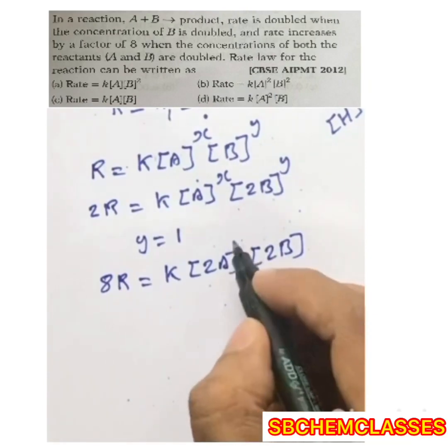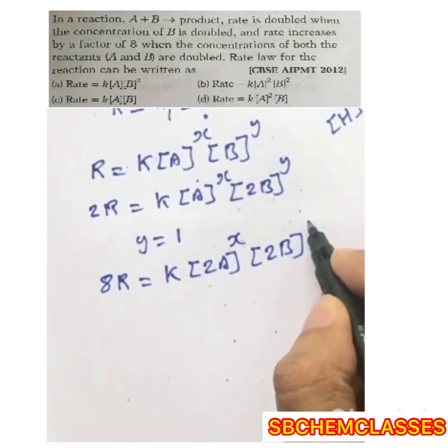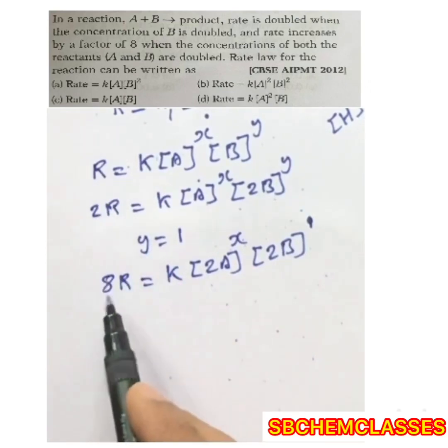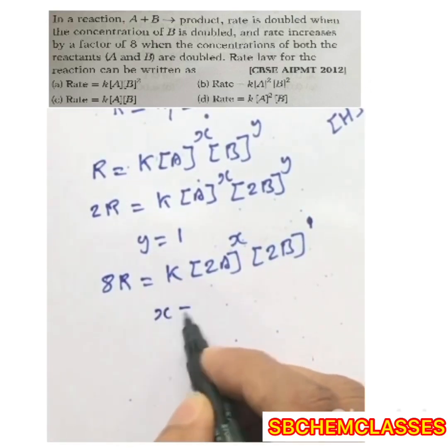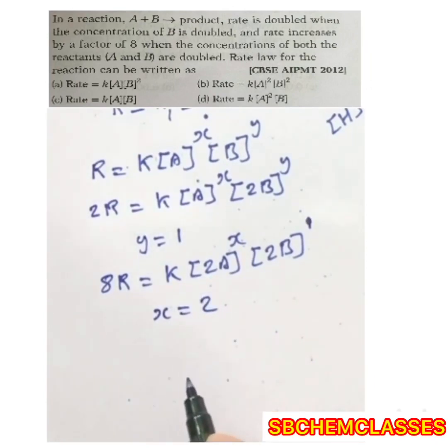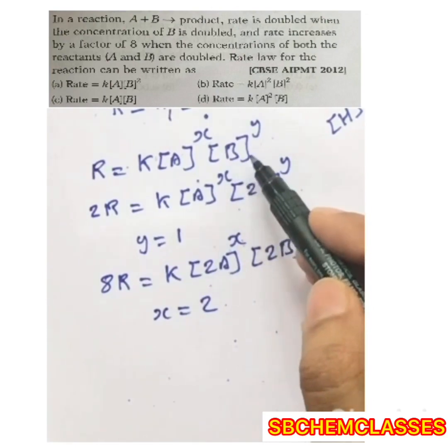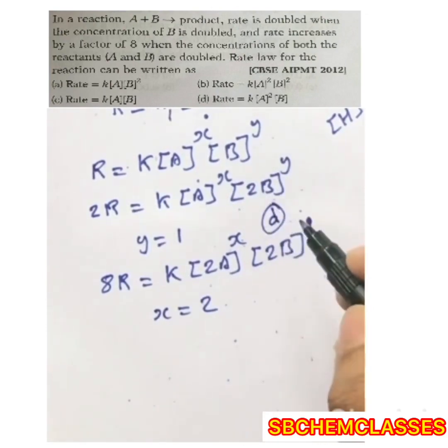B has power 1. By comparing the first equation and the third equation, we can calculate X, that X should be 2. So A raised to 2 and B raised to 1 is our answer, option D.